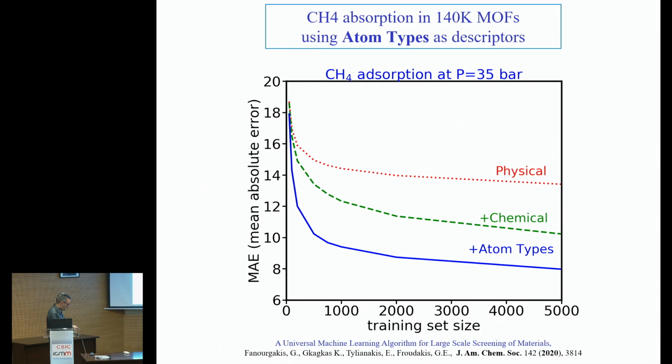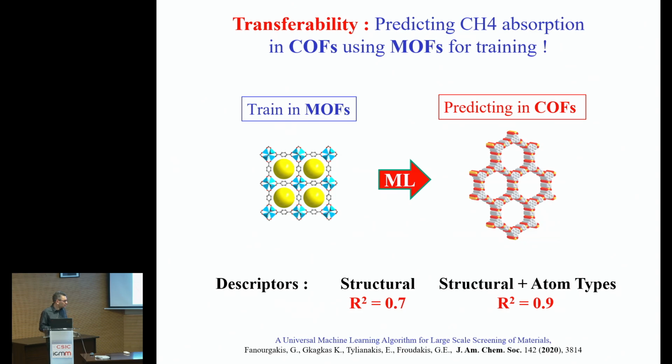And it is worth noticing that when combining the atom types with the best descriptors in the literature, to get the same accuracy you need an order of magnitude fewer materials in your training set. So you save a lot of time. And since these atom types are based on chemical intuition and are universal, you can train on MOFs and predict in other materials like COFs.